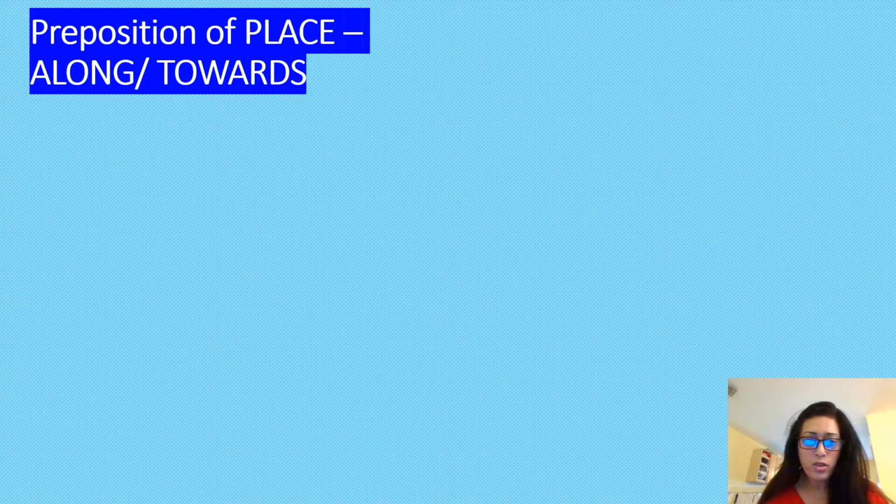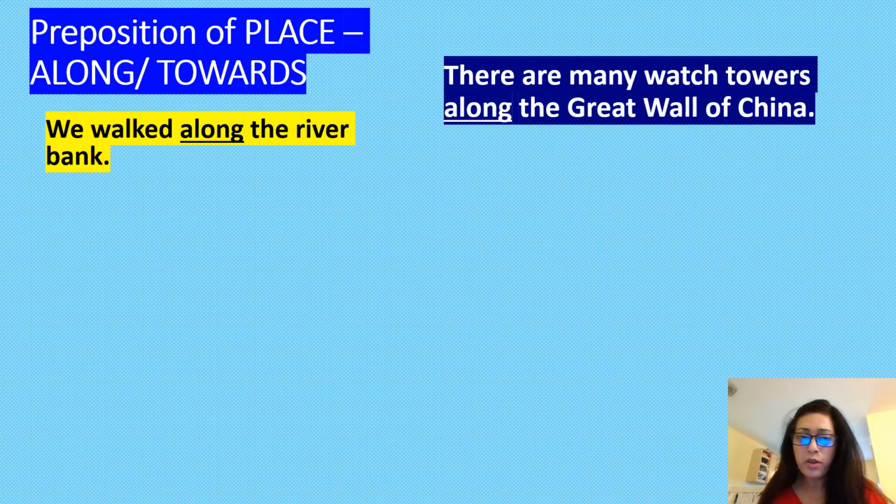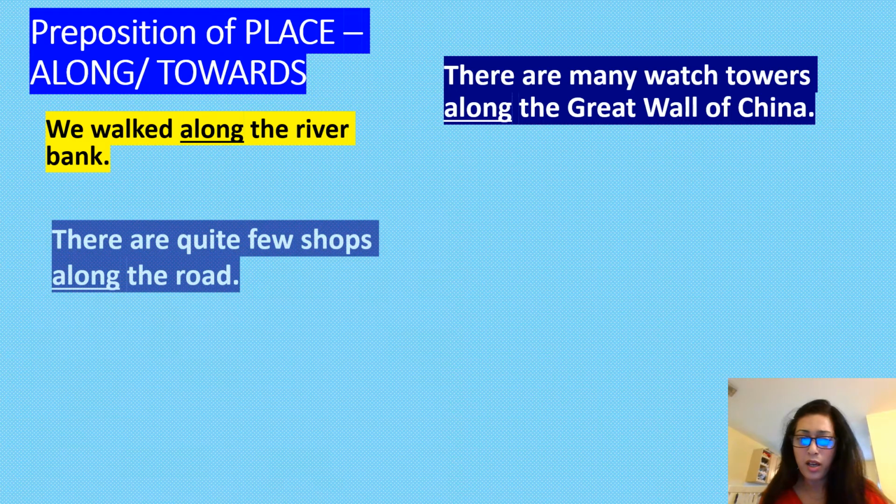Now moving on to along and towards. So here, towards and toward are prepositions. Again, we use them where the preposition is on some other side of something. So for example, we walked along the river bank. There are many watchtowers along the Great Wall of China.